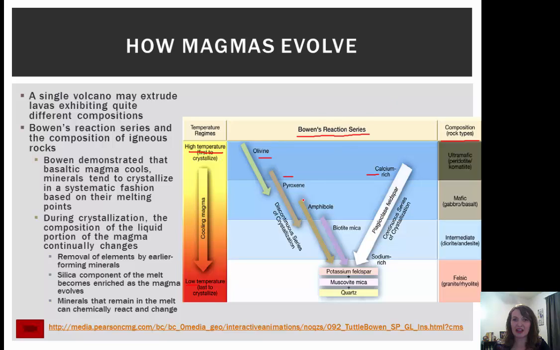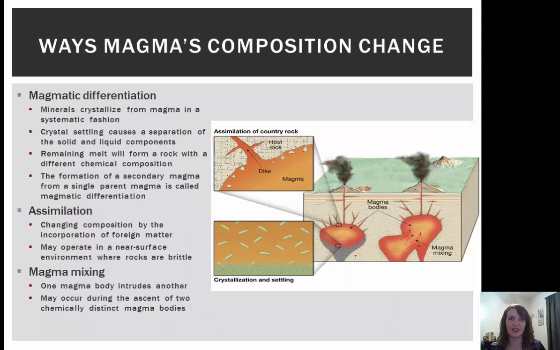Then we're going to have pyroxene, amphibole, a tiny bit of biotite, and we're also going to get calcium-rich feldspars that crystallize out. Now that the melt has become less mafic, it's more intermediate to felsic. Again, every time something crystallizes out, it's changing the composition of the magma, and it's constantly evolving.